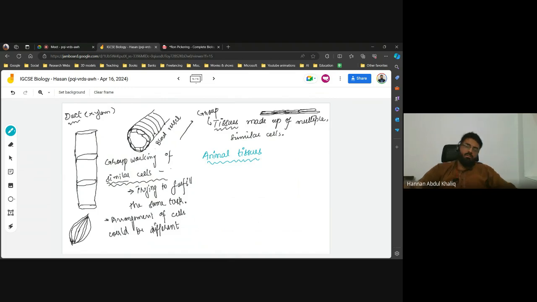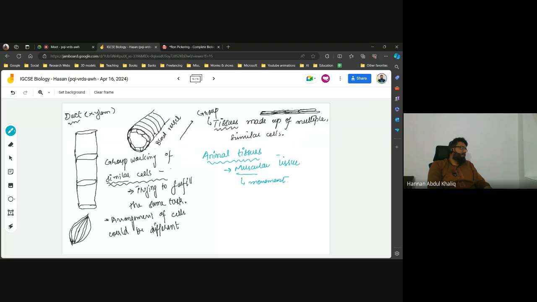In all the animals, you can find four types of tissues. Number one is called muscle tissues, muscular tissues. What does it mean? The muscle cells combine to perform their task. And what is the task of muscle cells? Remember that wherever movement is required, the muscle tissue must be present.